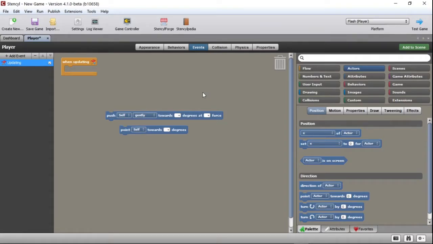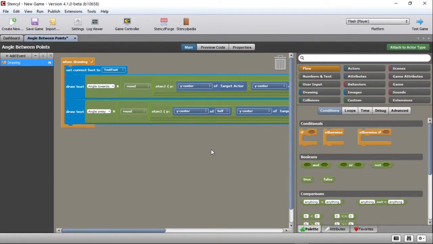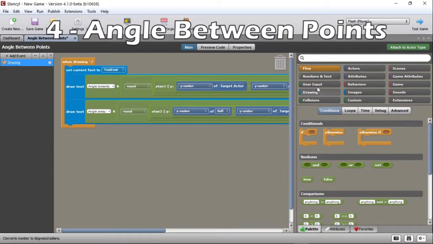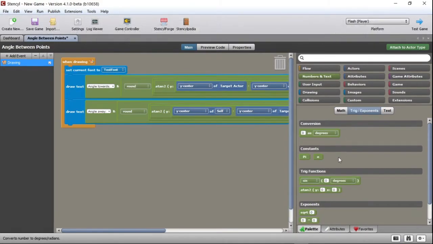To preface this, dealing with angles and positions involves trigonometry. I can tell you trigonometry is related to right triangles and circles, but I'm in no way qualified to explain more than that. All I'll do here is show you the block combinations to use. To determine the angle between 2 points, use the Atan2 block.